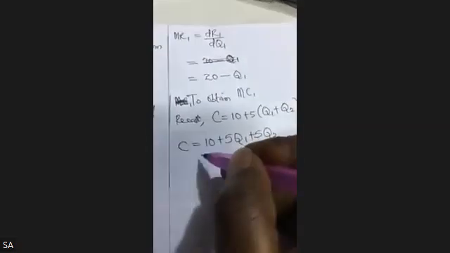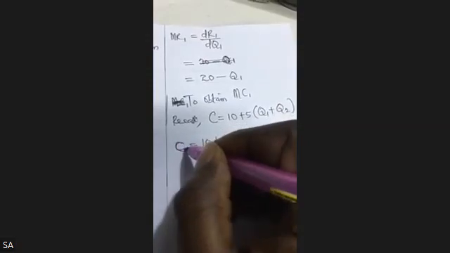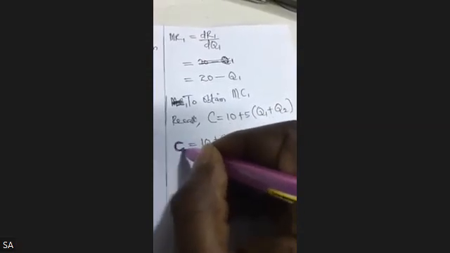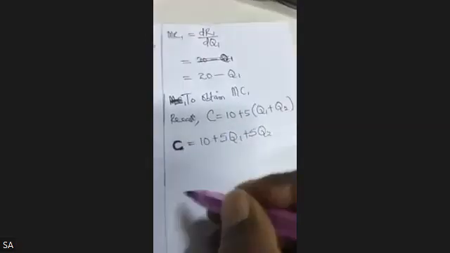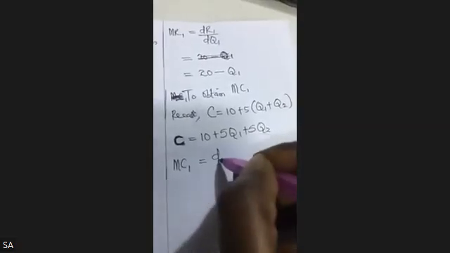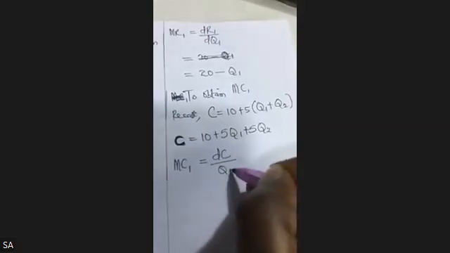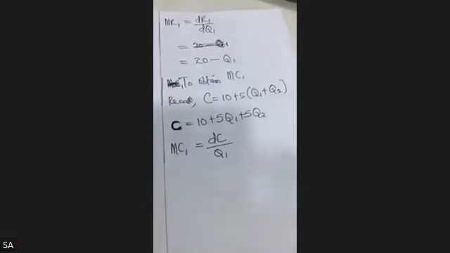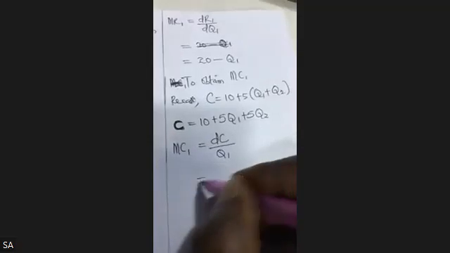I'm not doing C1 here, because the cost is the cost function for the two markets. To get marginal cost, I differentiate this total cost with respect to Q1. This 10 is 0, and 5 Q2 has no Q1, so it is 0. So this is MC1.